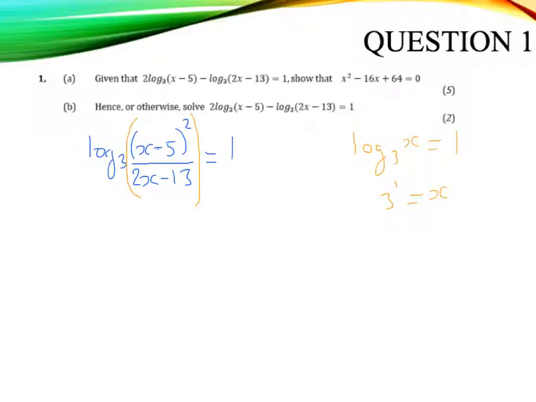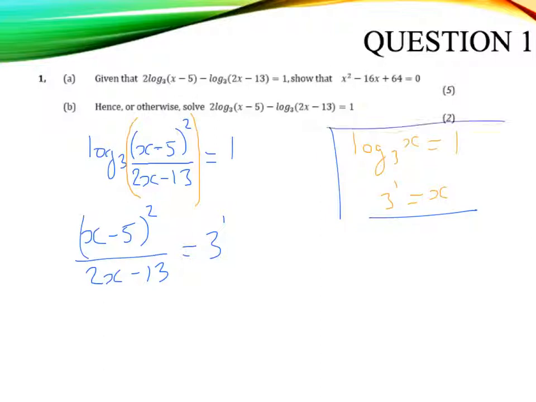So I can go to the next step and now just write x minus 5 squared divided by 2x minus 13 is equal to 3. And I can put 3 to the power of 1 if we like. So we're just showing what we've done here.